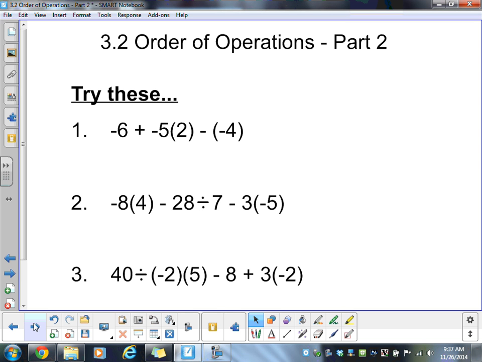Okay, so for number 1, we have negative 6 plus negative 5 times 2 minus negative 4. It looks like we have one part that has multiplication. So I'm going to make my triangle just to help me remember what my answer is going to be.